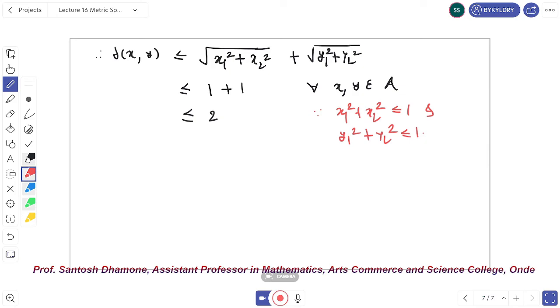then there exist open sets capital U and capital V in X such that x belongs to U, y belongs to V, and U intersection V is empty.